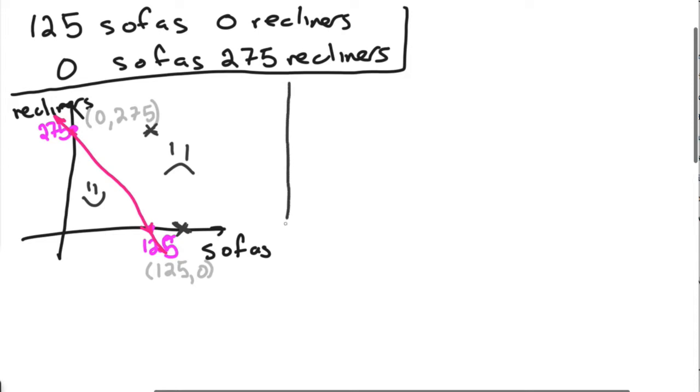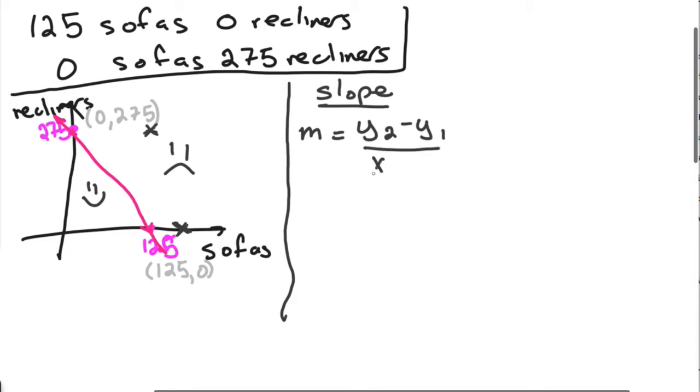Okay, so the first thing we want to do is come up with the linear inequality. So what we're going to do is find the slope. To find the slope, we're going to use the formula for finding the slope given 2 points, and that's y2 minus y1 over x2 minus x1. And so we're going to use our 2 points. How about if we label these?